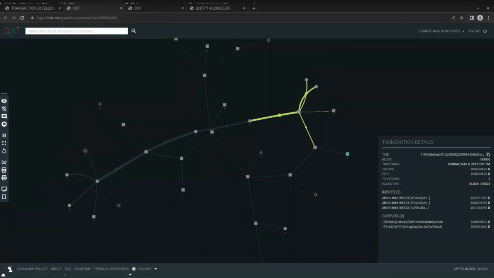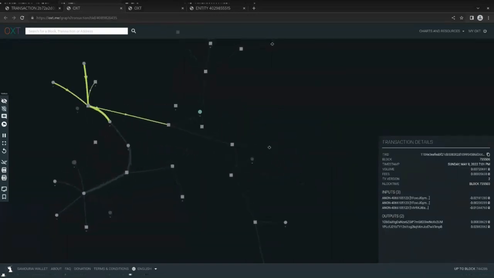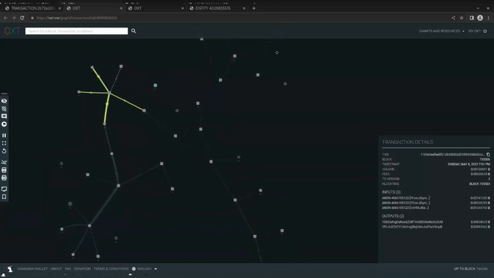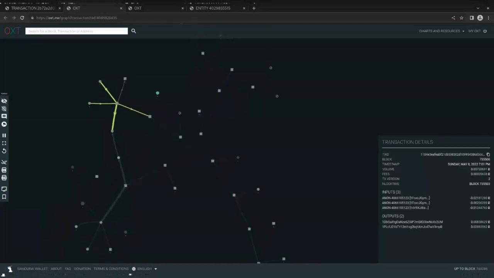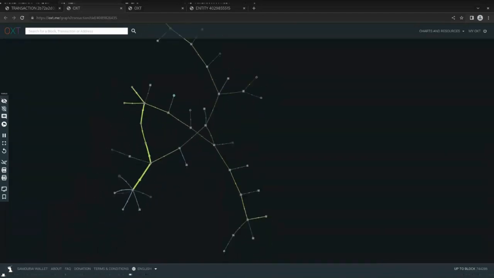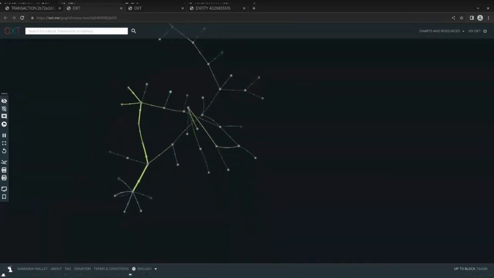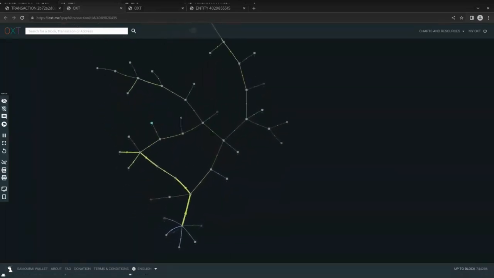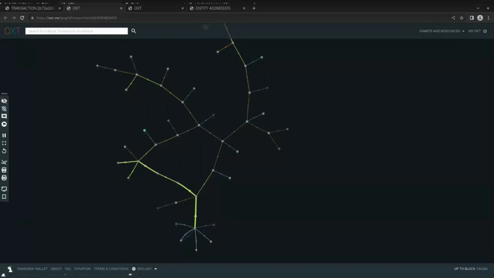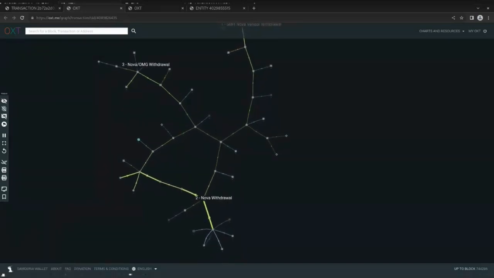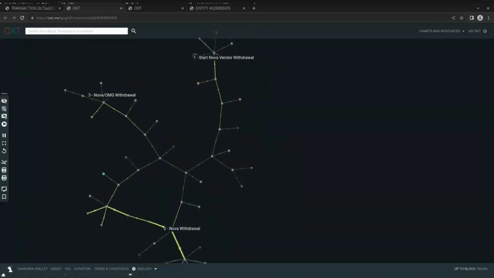So now OXT has automatically expanded the inputs to this transaction, which are linked, which sort of reorients the graph a little bit. So we'll have to get situated again. I'm going to turn back on the comments for now, just so that we can see where we've been.